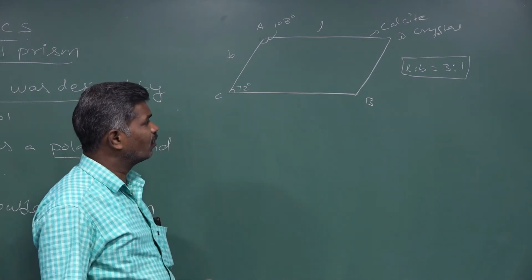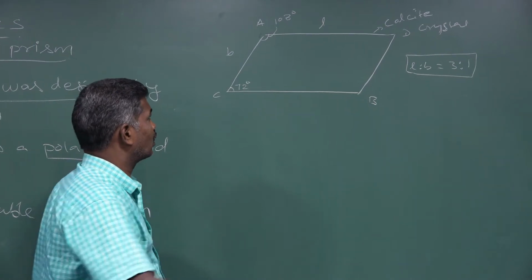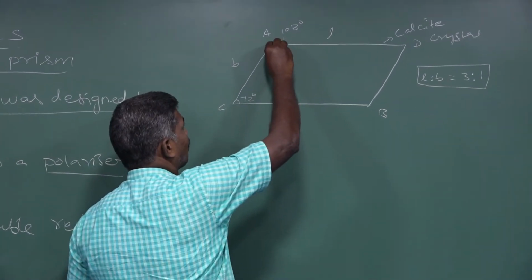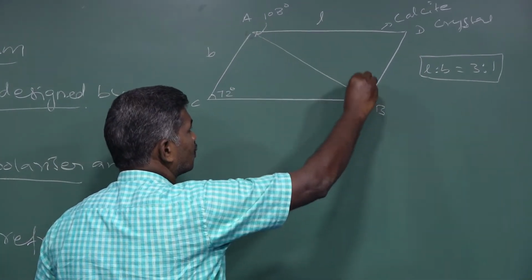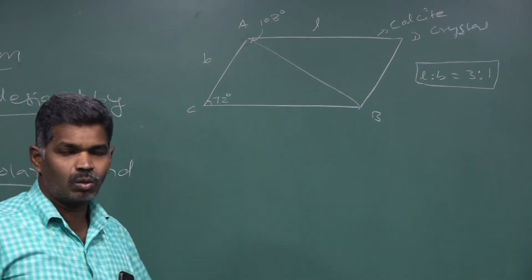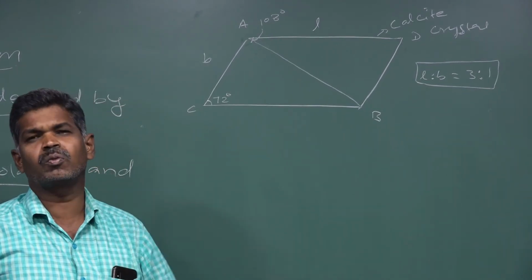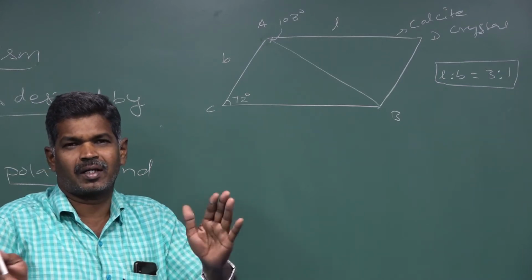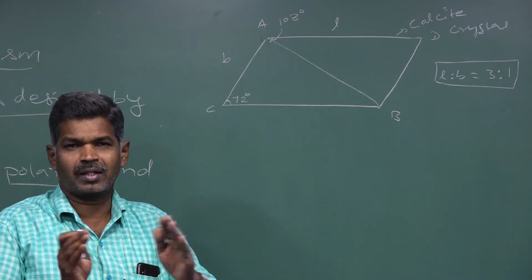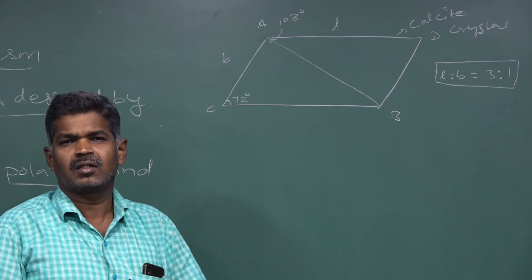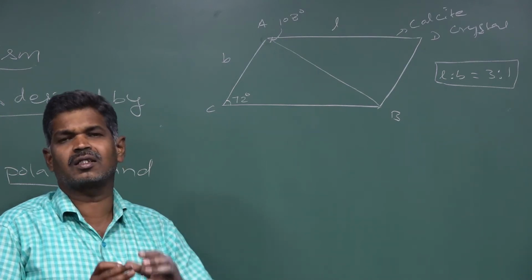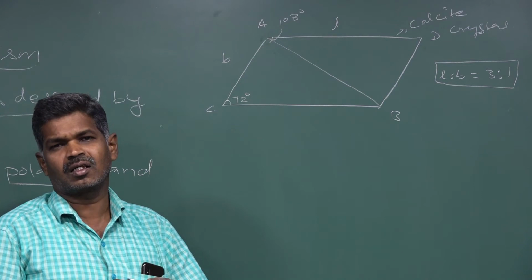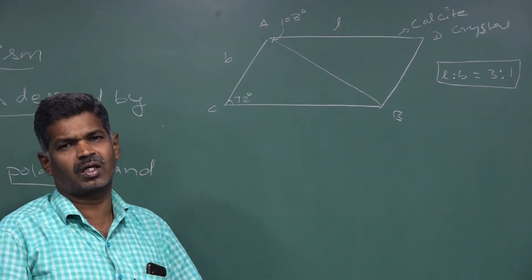There we have a diagonal AB. Along the diagonal, first that crystal is cut into two pieces, but they are not kept separate. One of the major purposes is to cut the calcite crystal along its diagonal.